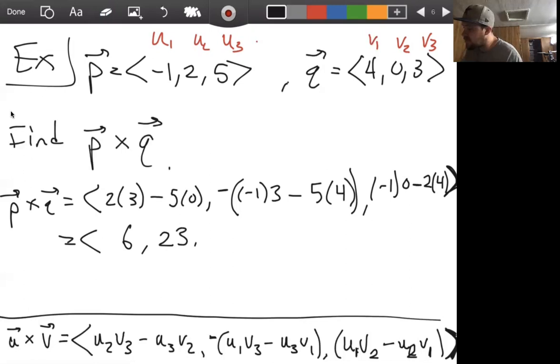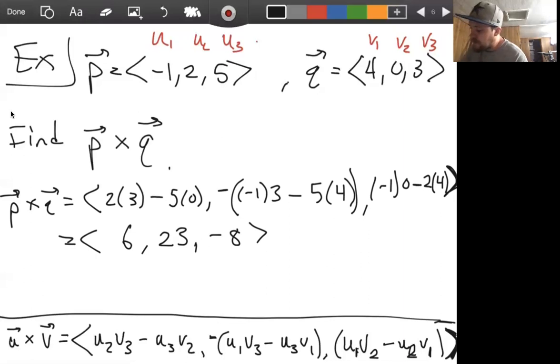And then we have 0 minus 2 times 4. So the third component is negative 8. And so the cross product P cross Q is 6, 23, negative 8. Okay? And so that's how we're going to compute the cross product: just stare at the formula, figure out what components are labeled by what, U_i or V_i or whatever, and then simplify.